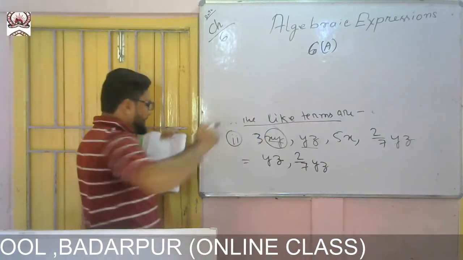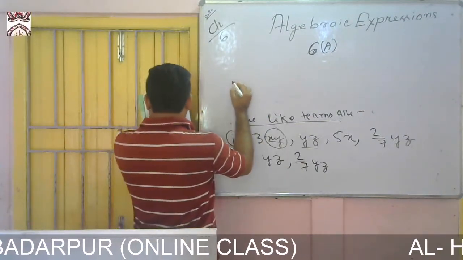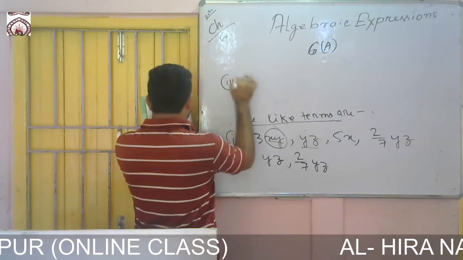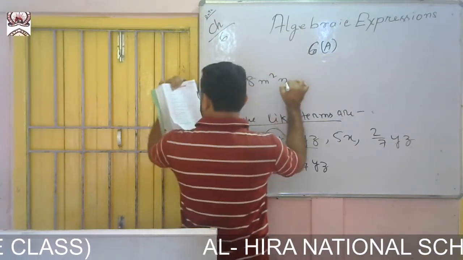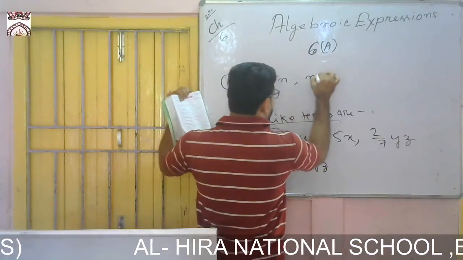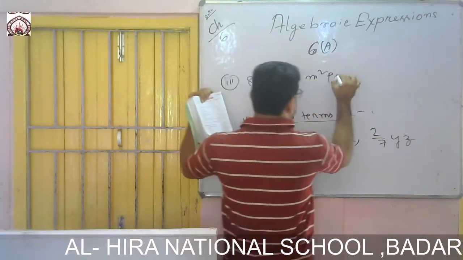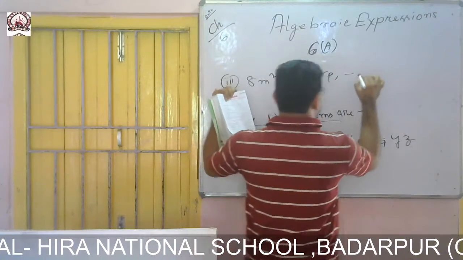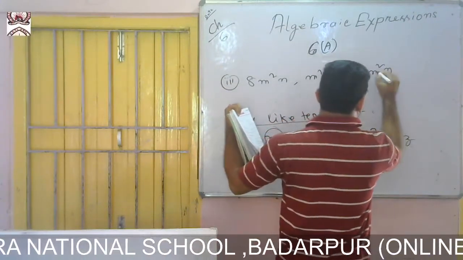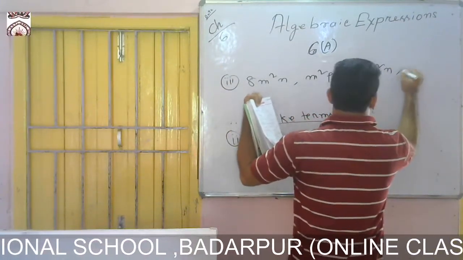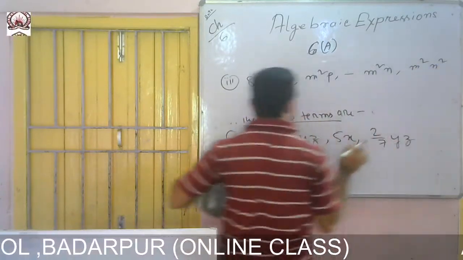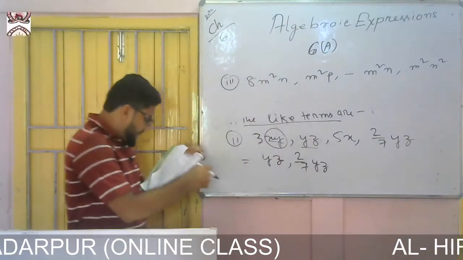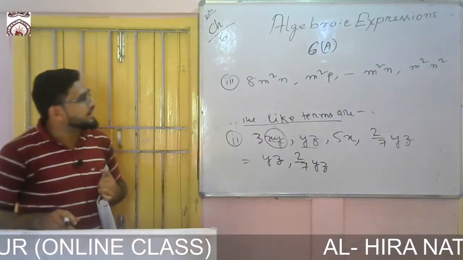See question number 3: 8m square n, m square p, minus m square n, m square n square, m square.